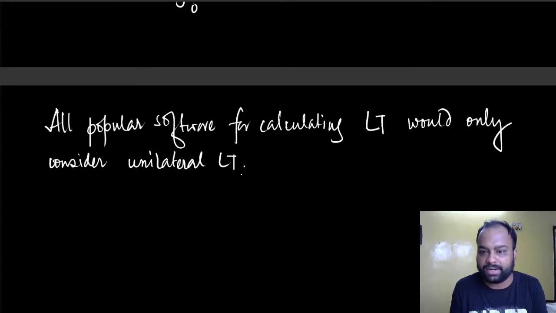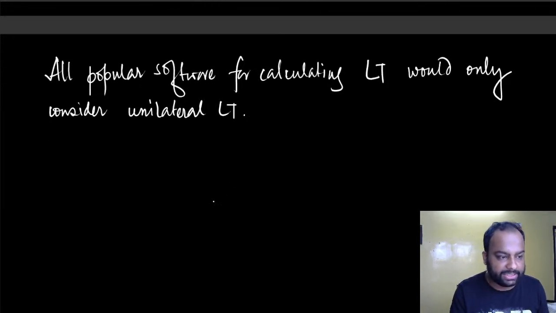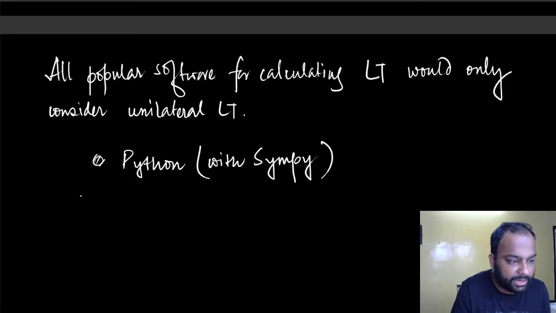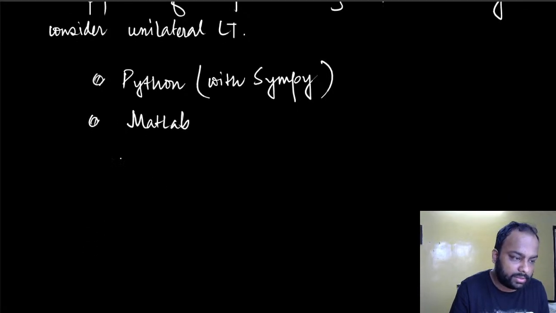Like 95% of the scenarios that we use the Laplace transform for are unilateral in nature. And these tools that I am talking about include Python with SymPy, of course. They include MATLAB. These tools include Mathematica.